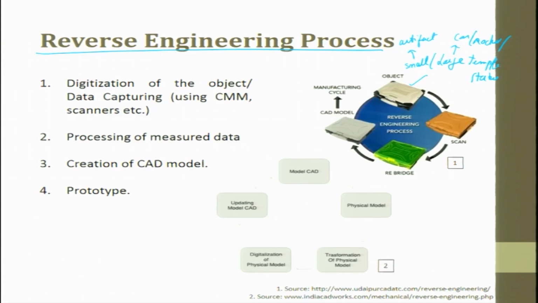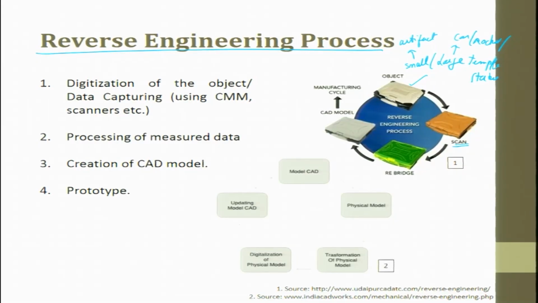Once I get that XYZ data in one plane, I can start using it for reconstructing. So, scanning is the next major step. The scanning can be done in two ways: by contact methods, or by non-contact methods.